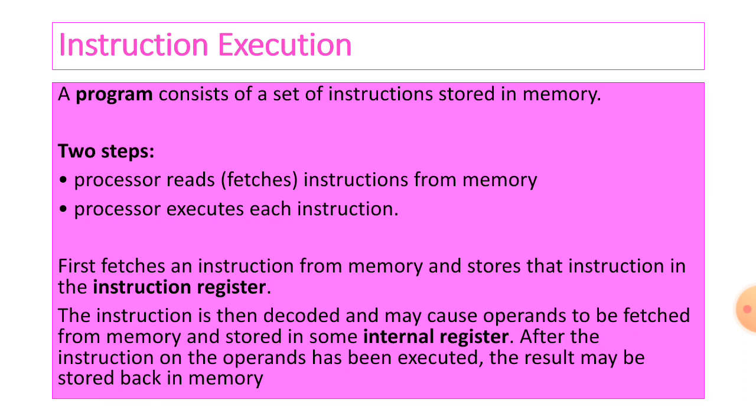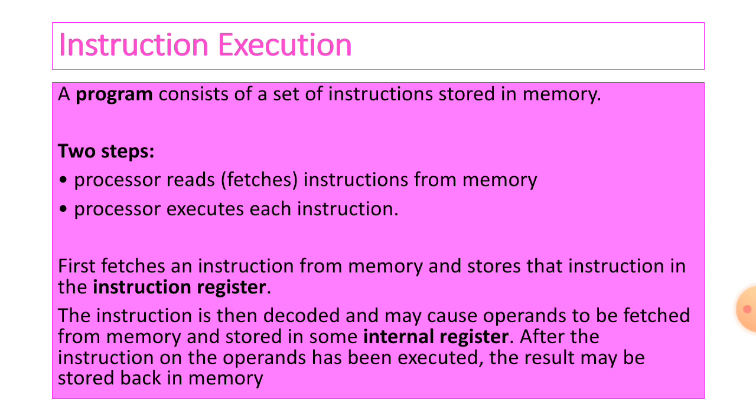Instruction execution. A program consists of a set of instructions stored in memory. Two steps: processor reads or fetches instruction from memory, and processor executes each instruction. First it fetches an instruction from memory and stores that instruction in the instruction register.